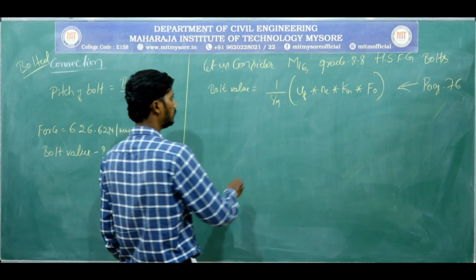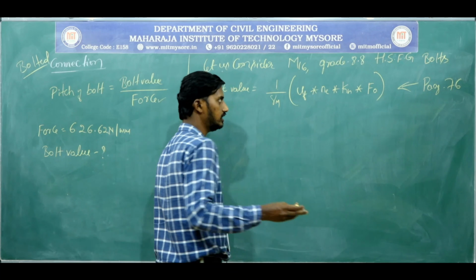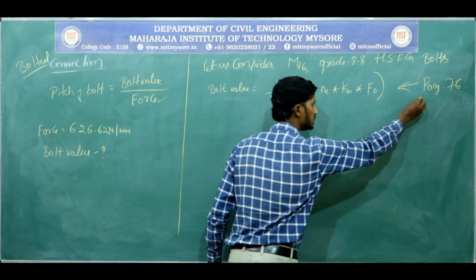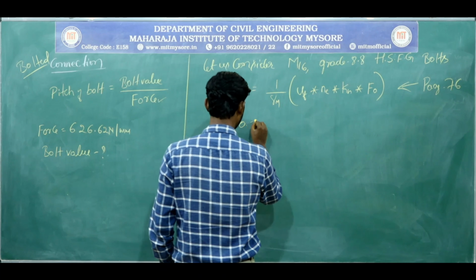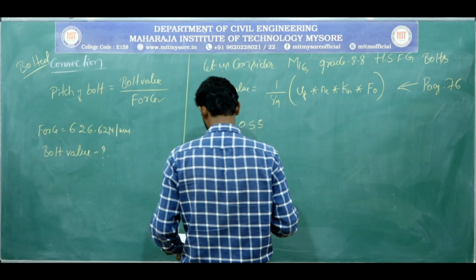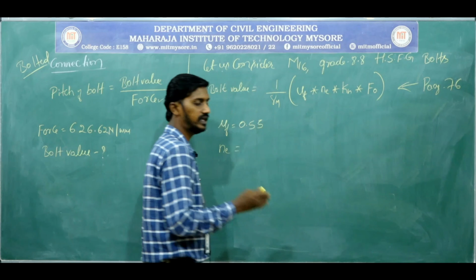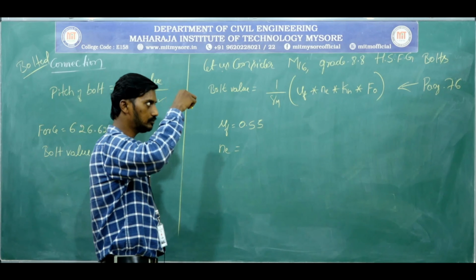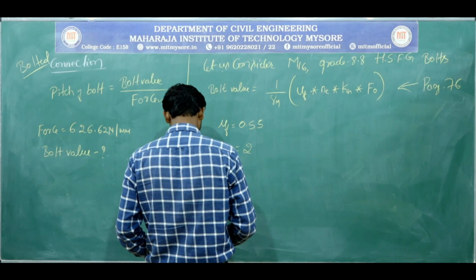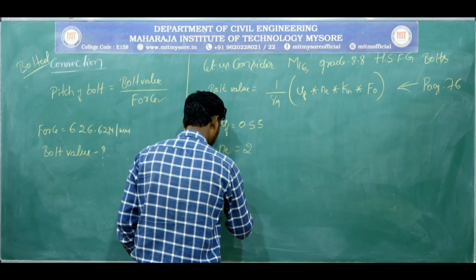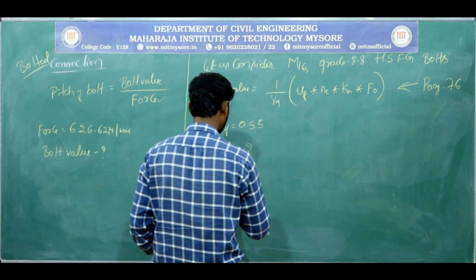For a high strength friction grip bolt, as per page 76, mu F is 0.55, and NE, there will be two planes crossing that bolt to connect, so consider NE equals 2 and KH equals 1 as per the code.